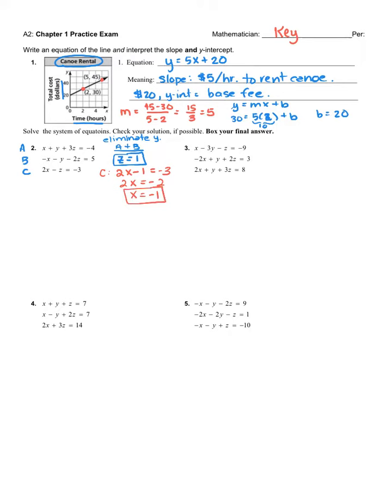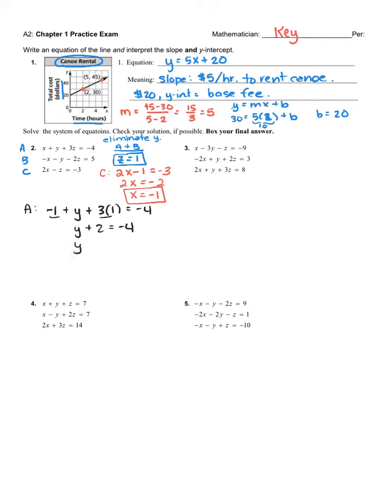Awesome, we're almost done. Now we just need to solve for our y value. So I'm going to go back to equation A. We know that x is -1. We're solving for y. 3 times z value is 1. And then combine our like terms. So 3 minus 1 is 2.